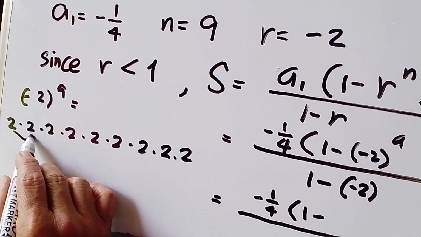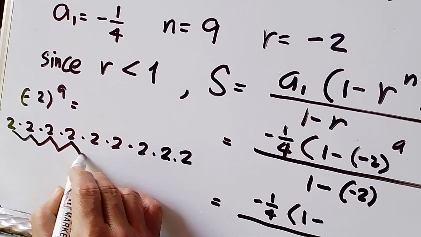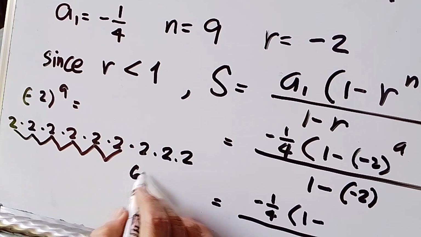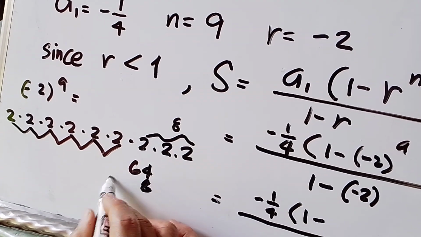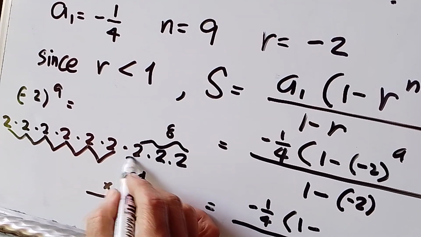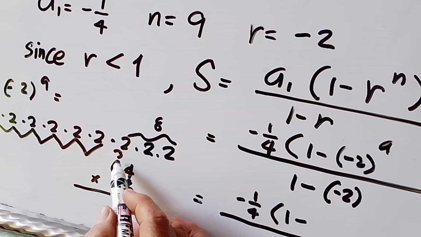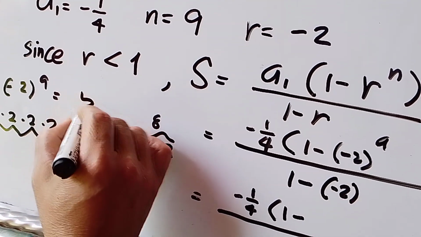So, 2 times 2 is 4, times 2 is 8, times 2 is 16, times 2 is 32, times 2 is 64. 64 times 8: 4 times 8 is 32, carry 3. 6 times 8 is 48, plus 3, 51. So, this is 512.